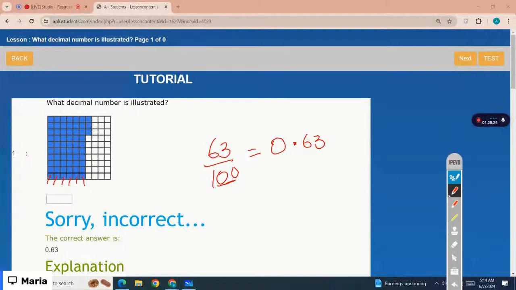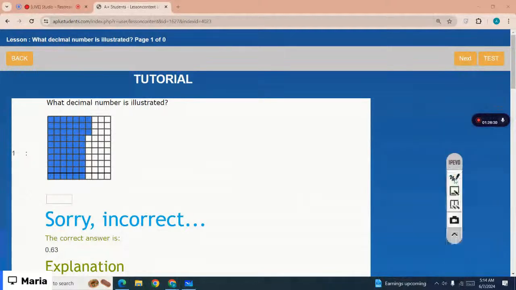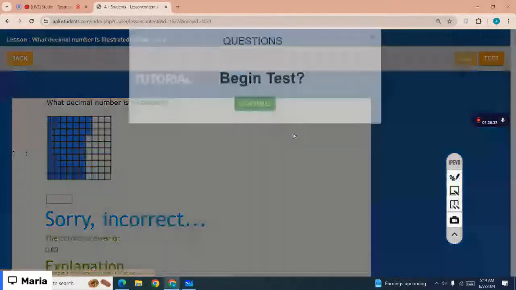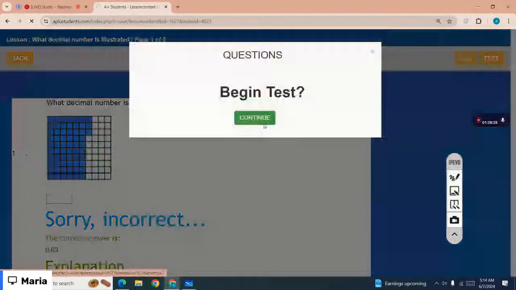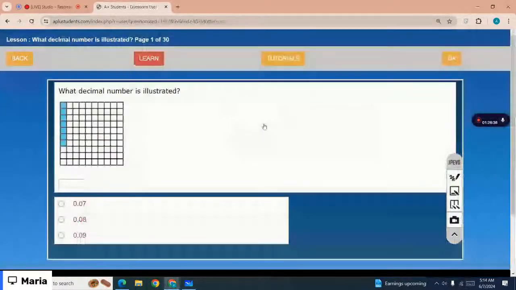Let's just start with the practice questions. What decimal number is illustrated? Which is the correct option?